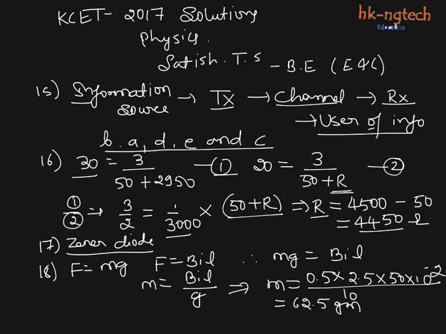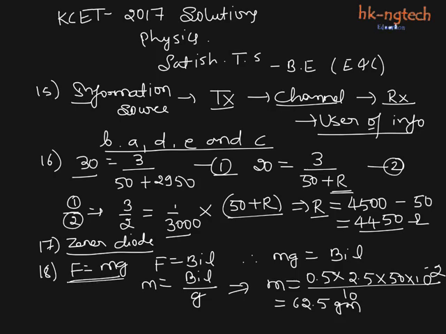18th question. A straight wire of length 50 cm carrying a current of 2.5 ampere is suspended in mid-air by a uniform magnetic field of 0.5 Tesla, as shown in the figure. The mass of the wire is, and they have given the acceleration due to gravity as 10 meter per second square.